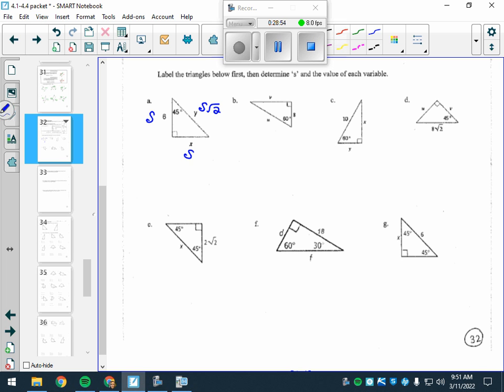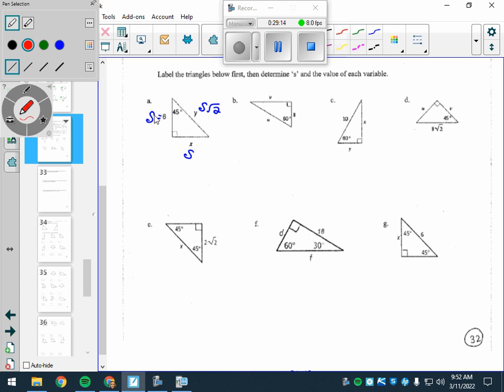That's the side that I want you to create an equation from. So in other words, I labeled this side S. This side also says 6. I am going to put an equal sign between what I wrote and what they wrote. And so my equation becomes S equals 6.